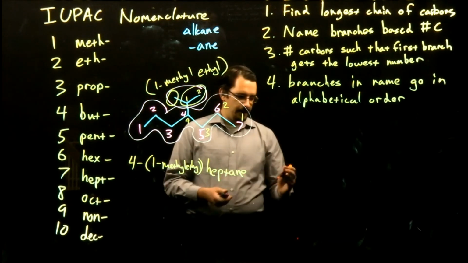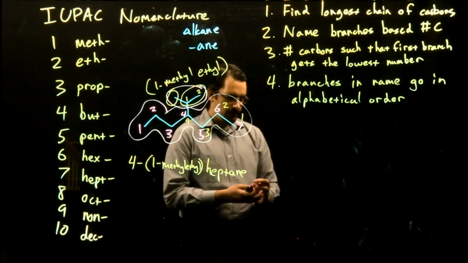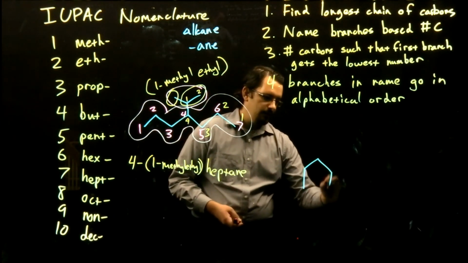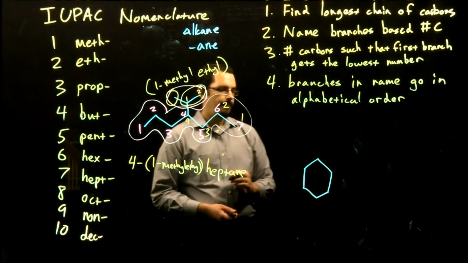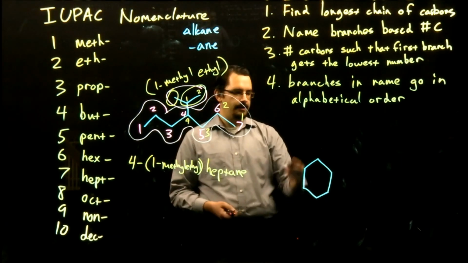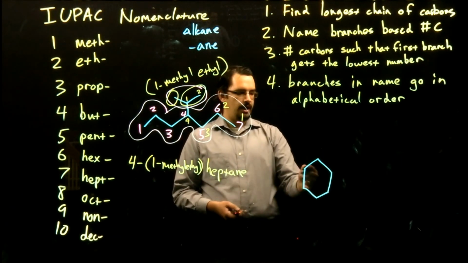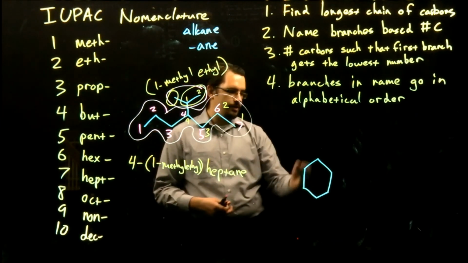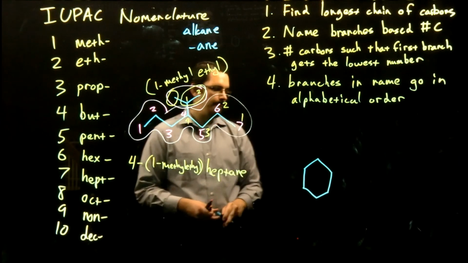Okay, our last special case is going to be cycloalkanes. So cycloalkanes, we have our carbons connected around in a consecutive chain to itself. So it creates a ring-like structure where we have a cycle.